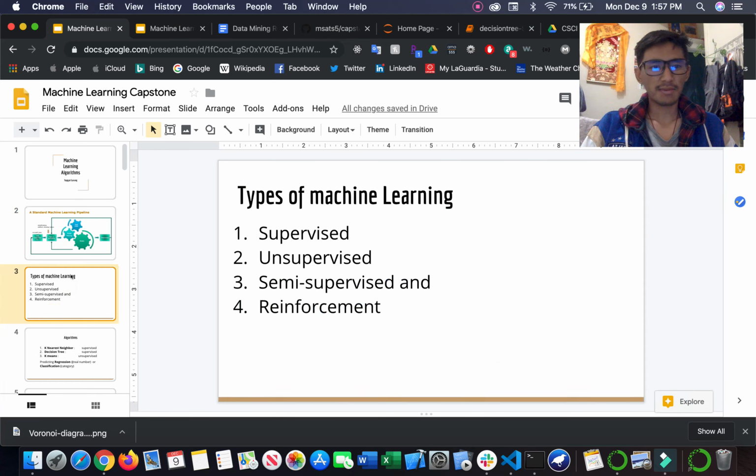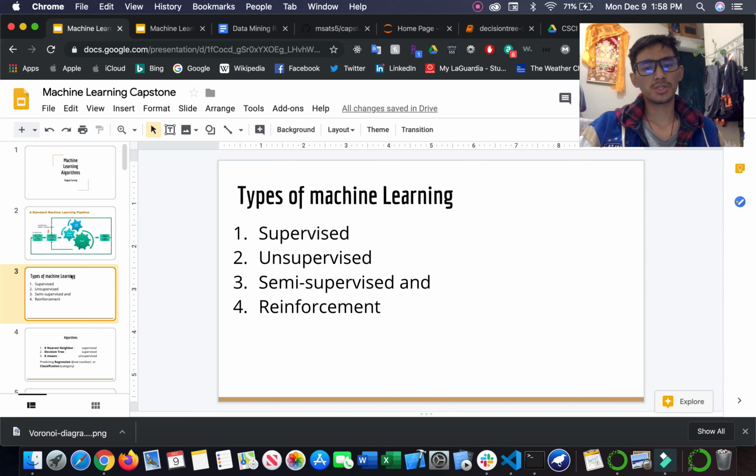Next, we have types of machine learning. The most frequently used are supervised and unsupervised. Supervised is labeled data, and unsupervised is unlabeled data. Labeled data is usually really expensive; if there's no label, you might have to spend a lot of time and money to label the data.